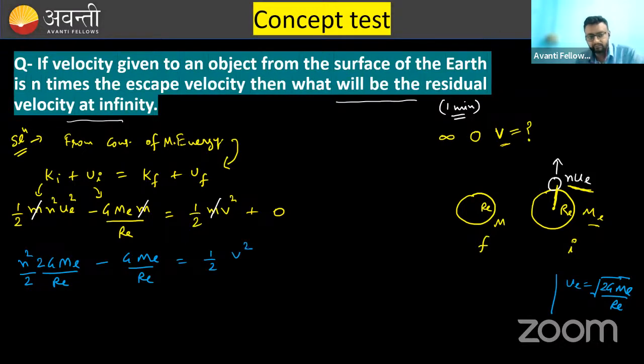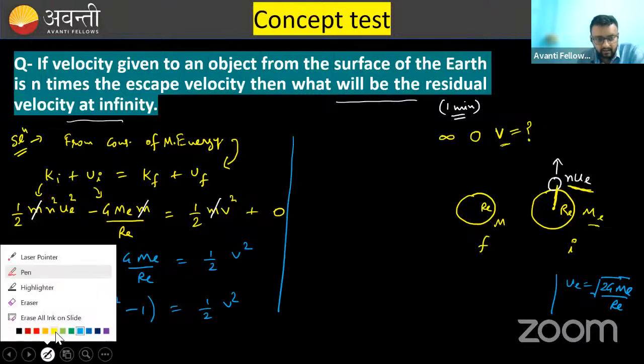I think it is clear. This 2 will cancel out. You can take GME by RE as common. The remaining term is n square minus 1 is equal to half V square.